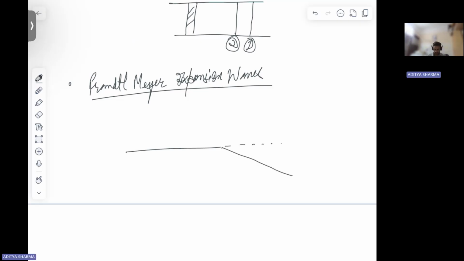This basically is the scenario. Your flow is moving in this direction, and then it is diverted away from itself. If it is diverted towards itself, then we get an oblique shock.